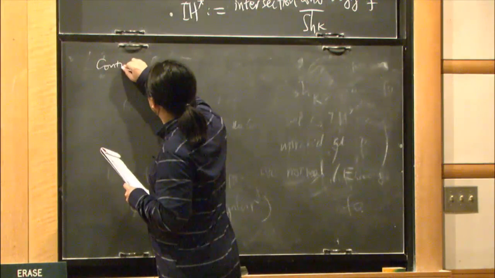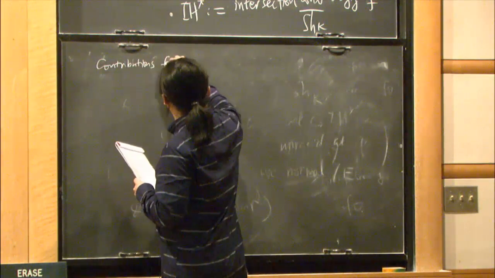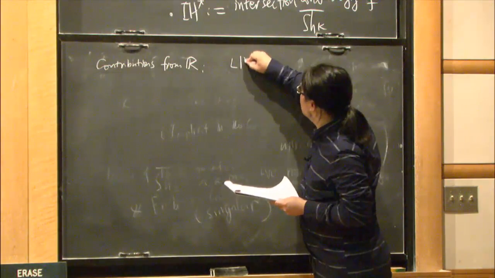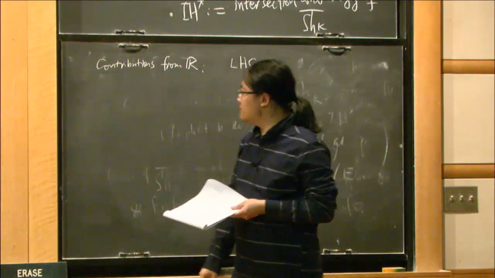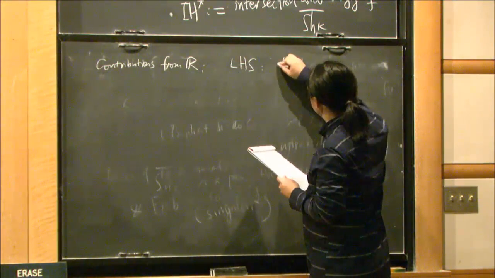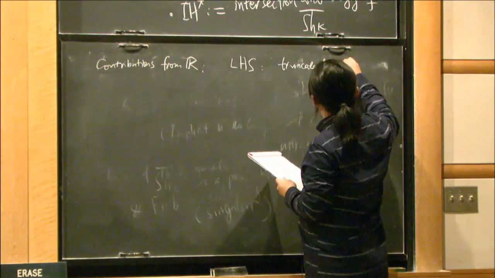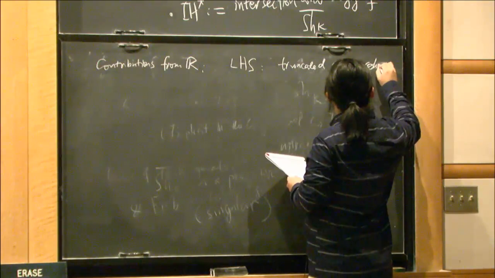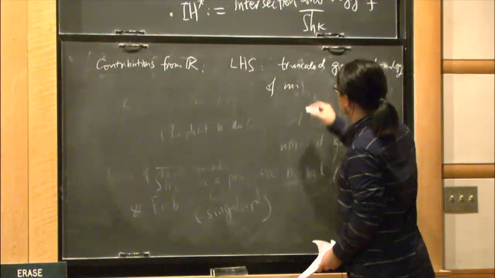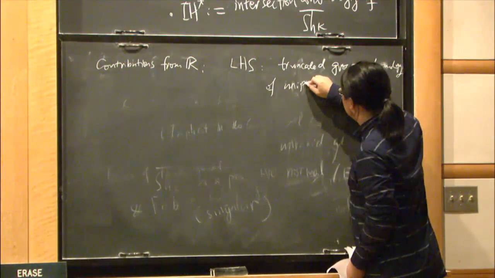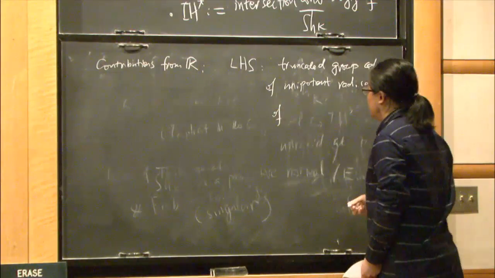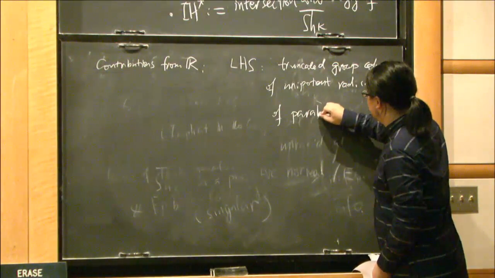So there are contributions from the Archimedean place, and for them, on the left-hand side, the contribution from the Archimedean place is some kind of truncated group cohomology of the unipotent radicals of parabolic subgroups of G.